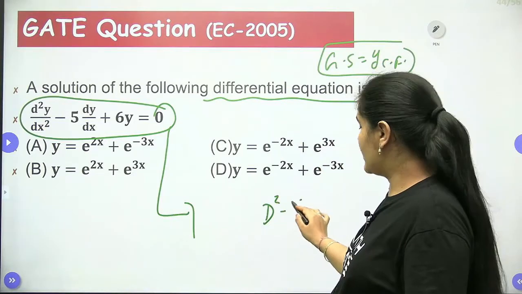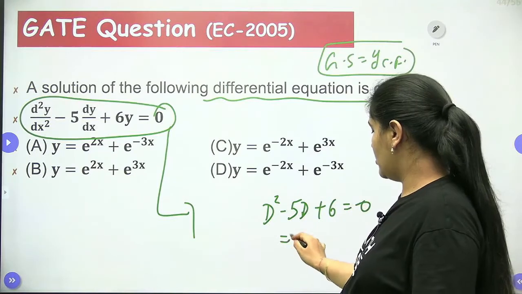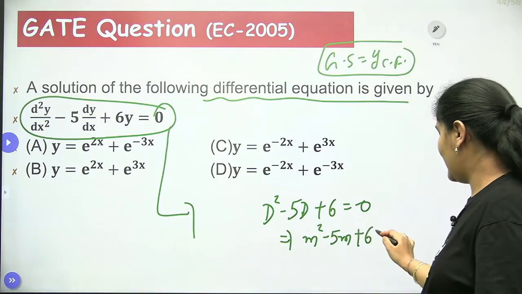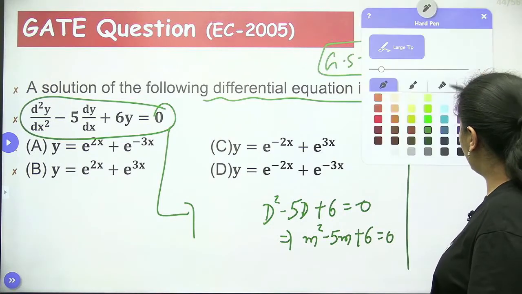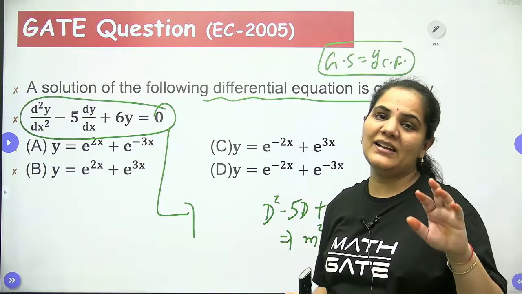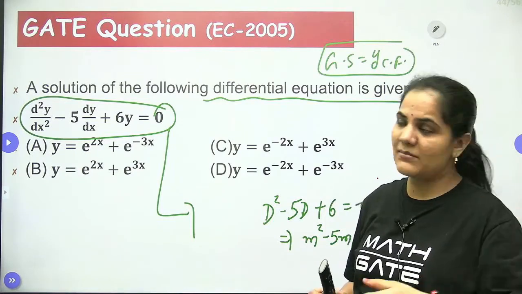So we can write D square minus 5D plus 6 is equal to 0. If you want, you can write m square minus 5m plus 6 is equal to 0. You have to find those two values whose product will be 6 and whose sum will be minus 5. So it will be minus 3 and minus 2.